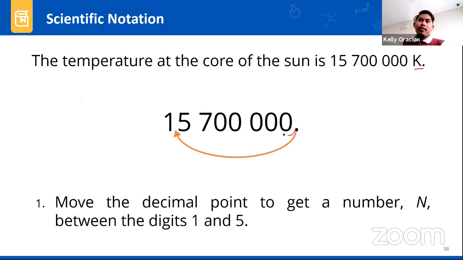So let's count: 1, 2, 3, 4, 5, 6, 7. Stop here. So you have 1.57 times 10 raised to 7. Why positive 7? Because we move the decimal point to the left.